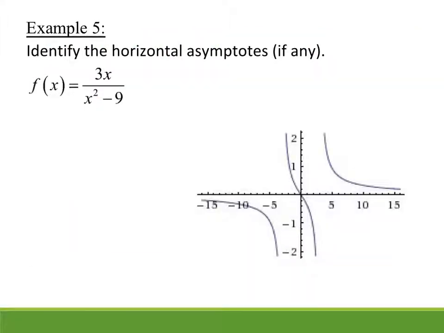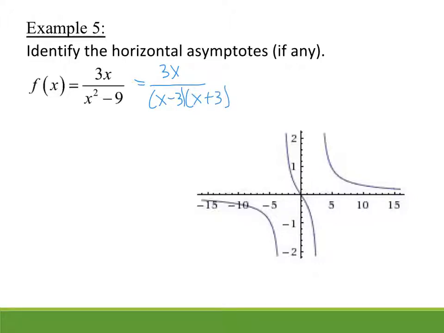So in this case, we have the following function: f of x is equal to 3x divided by x squared minus 9. Now obviously we can find the vertical asymptotes because when we factor, we have 3x over x minus 3, x plus 3.